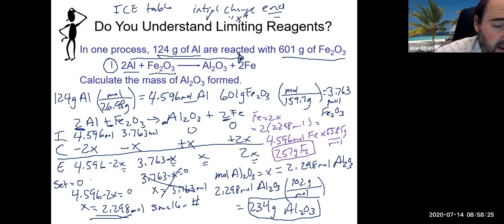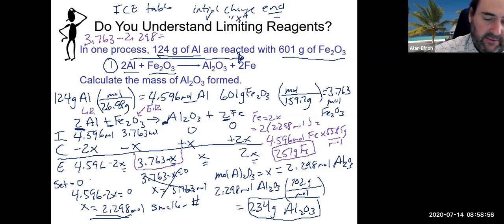You also could figure out a very common question that's asked in these types of problems, which is how much of your excess reagent would be left over. Since we determined that the limiting reagent was the aluminum, that by default means that this one here would be our excess reagent. From the table, we could see that the excess reagent would be 3.763 minus x, which is 2.298.